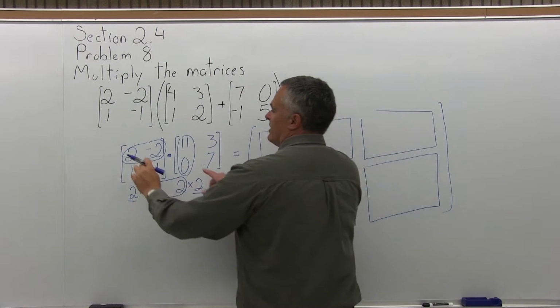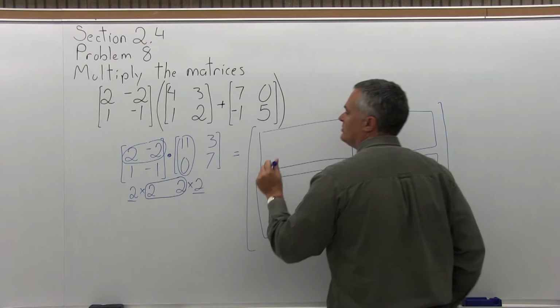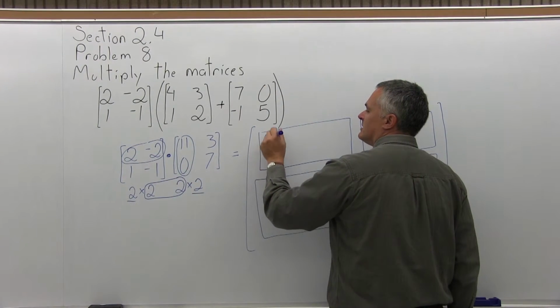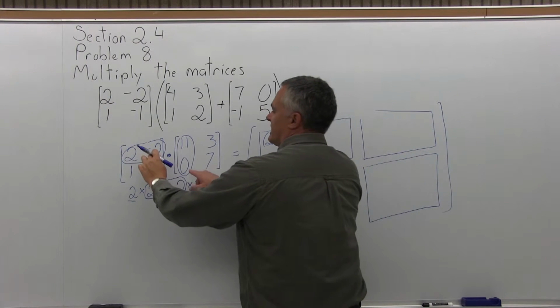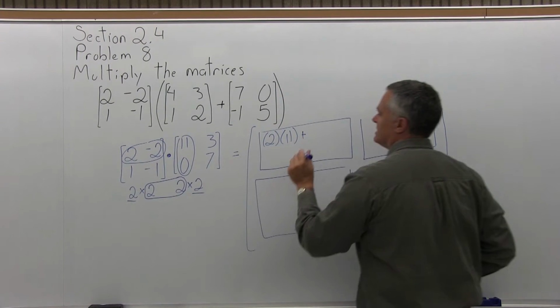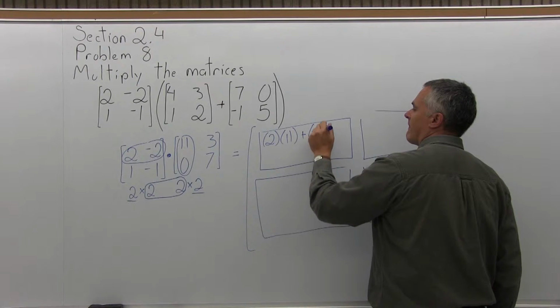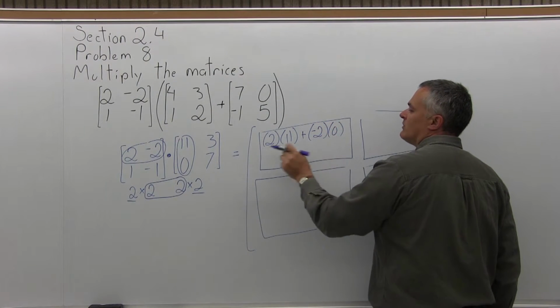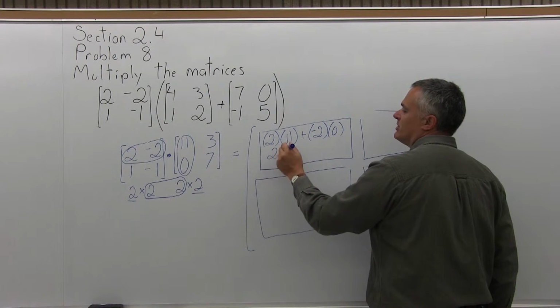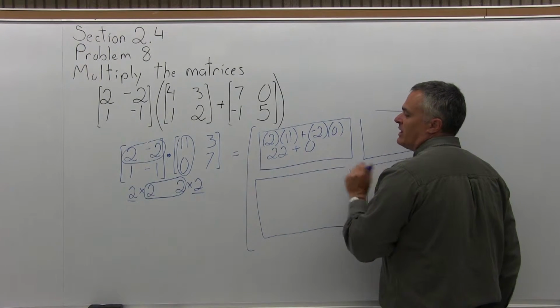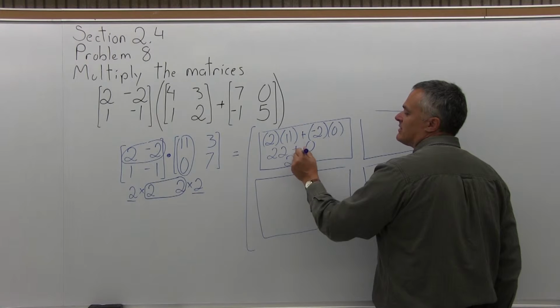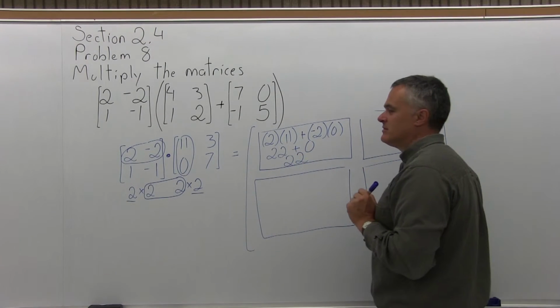First times first, 2 times 11, plus second times second, which will be negative 2 times 0. So 2 times 11 is 22. Negative 2 times 0 is 0. And 22 plus 0 is 22.